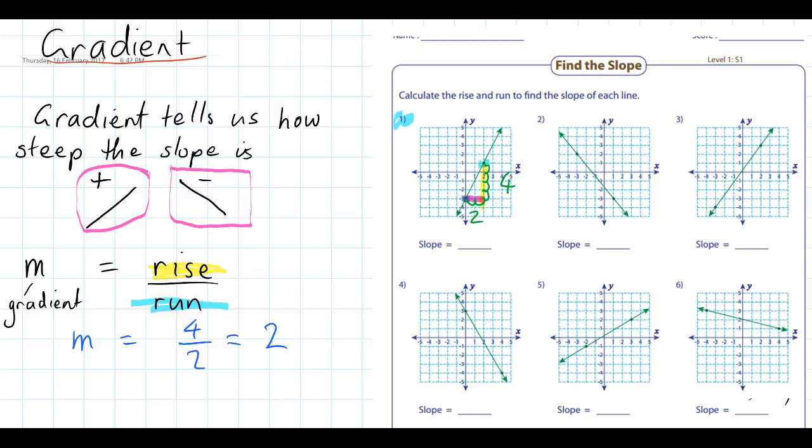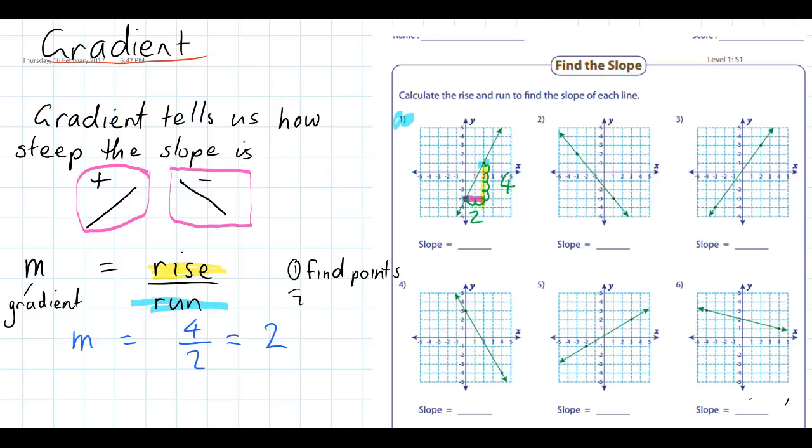4 halves make 2. So just to summarise the steps, the first one is find your points, and that's the points where it goes through the cross.